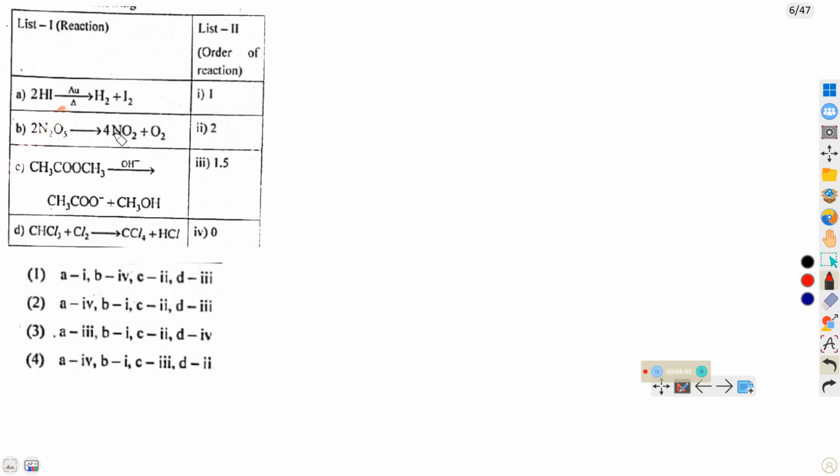Match the following. Reaction takes place in the presence of catalyst. If a chemical reaction takes place in the presence of a catalyst, that means the catalyst is present, then the order of the reaction is zero order. A4.